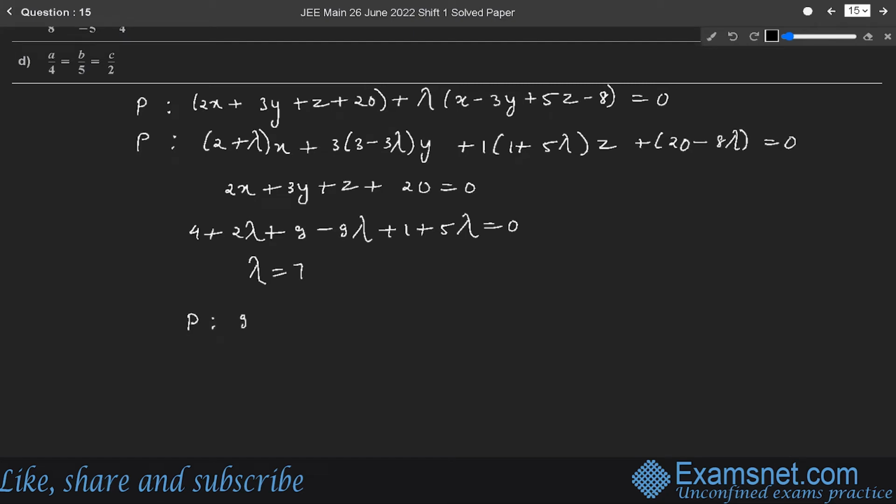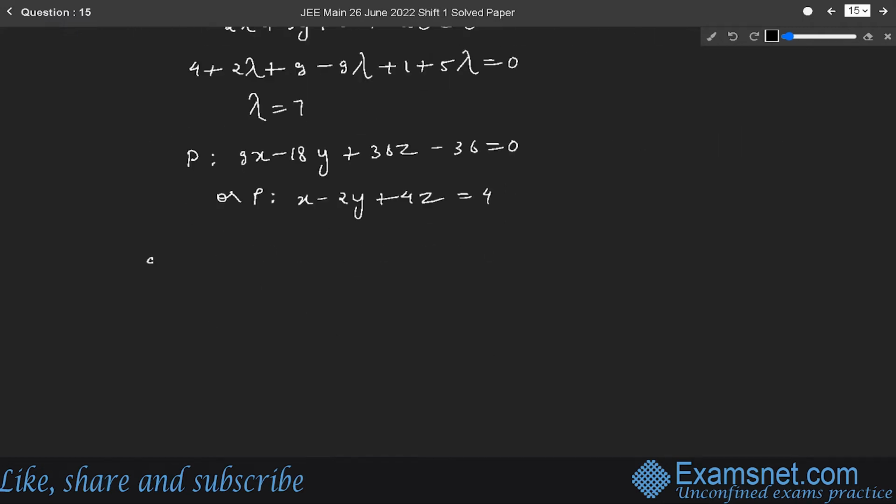Again, P: 9x - 18y + 36z - 36 = 0, or P will be x - 2y + 4z = 4. Now, if the image of (2, -1/2, 2) in the plane P is (a, b, c), then we can write (a - 2)/1 = (b + 1/2)/(-2) = (c - 2)/4.